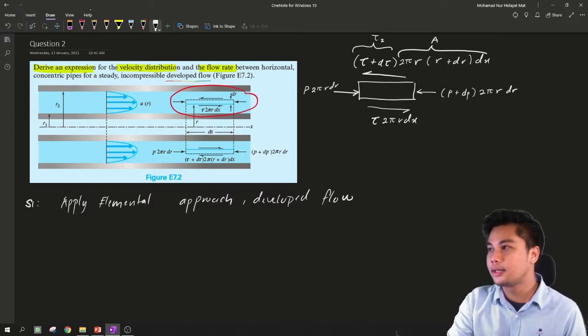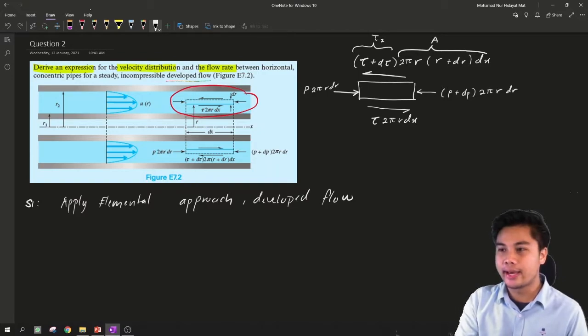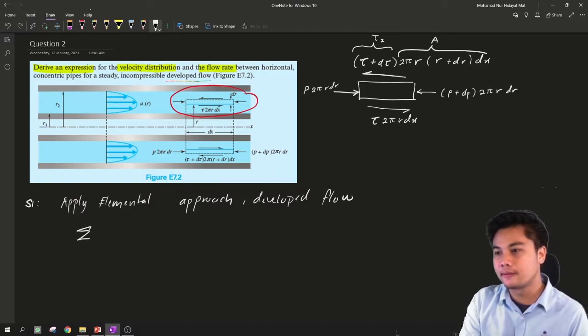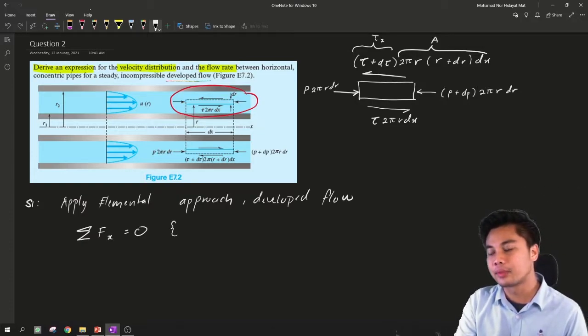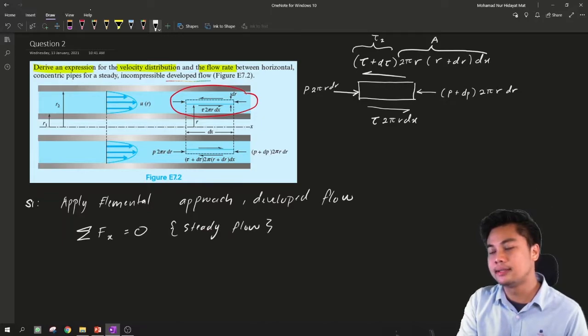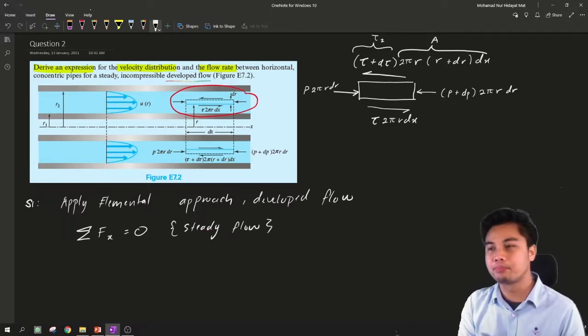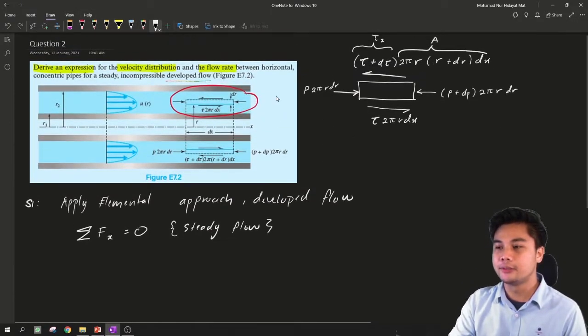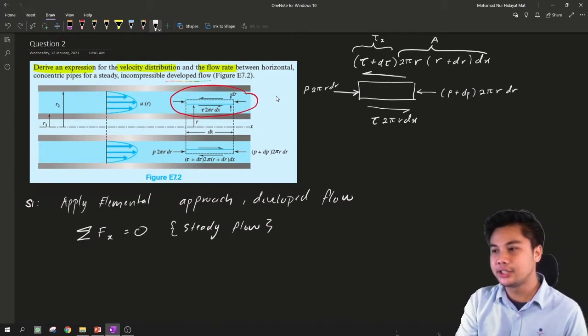From the free body diagram, using the elemental approach, we can use the summation of forces in the x component equal to 0 because we consider this a steady flow. There is no accelerating component because this is already developed. The velocity profile will never change, that's why it is steady velocity. Steady velocity means the acceleration equals 0, so the summation of forces in the x component equals 0.